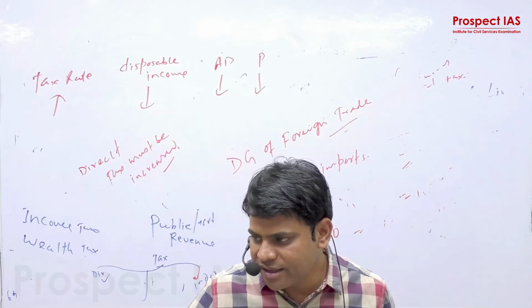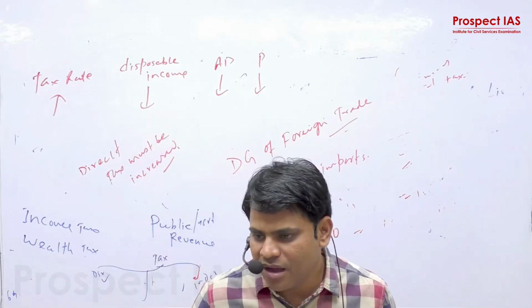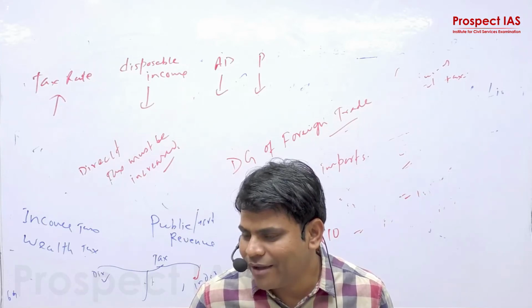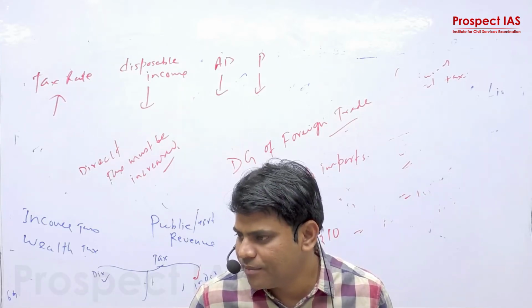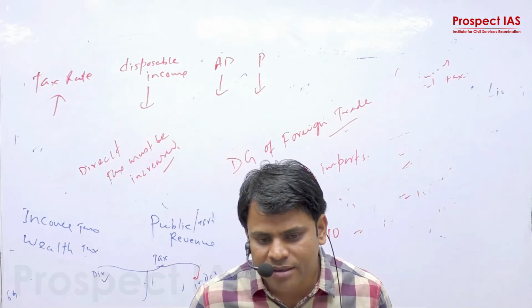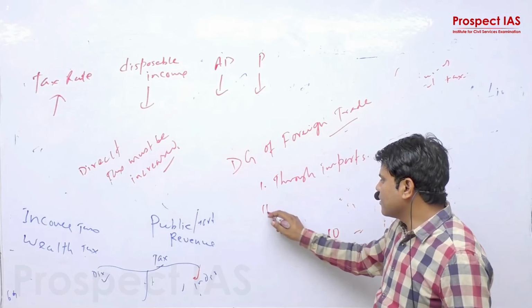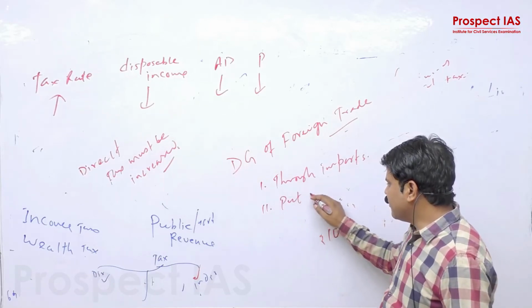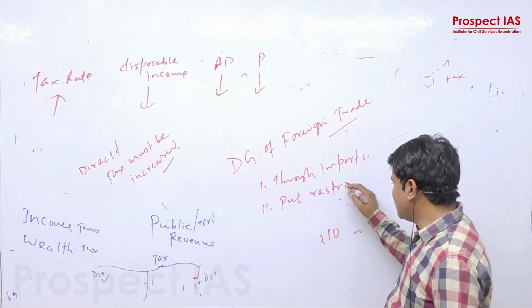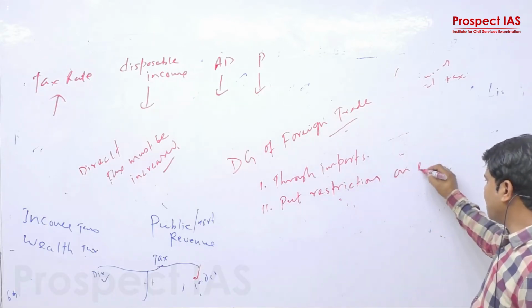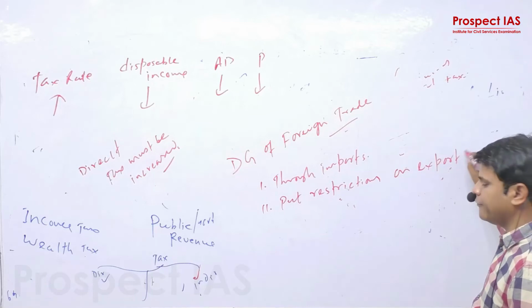The farmers and the traders are not allowed to export onion outside India until and unless we have inflation in the economy. Are you getting my point? है ना? So we ban the export, or we put some restrictions on export in order to control inflation.